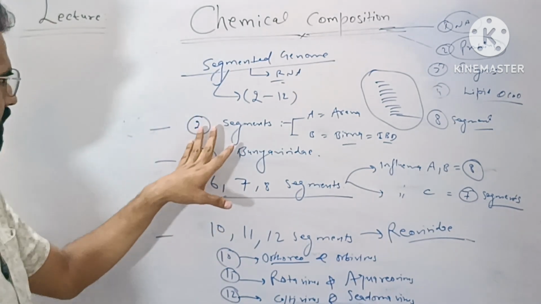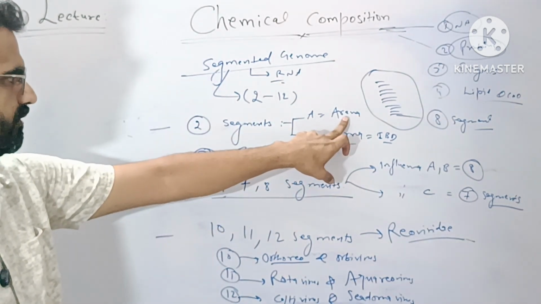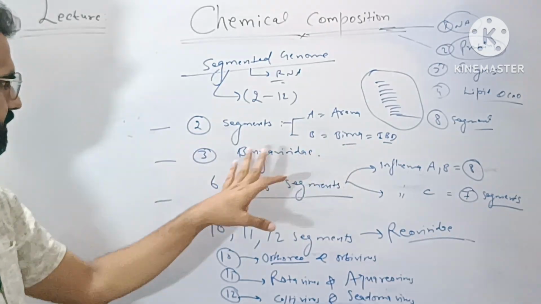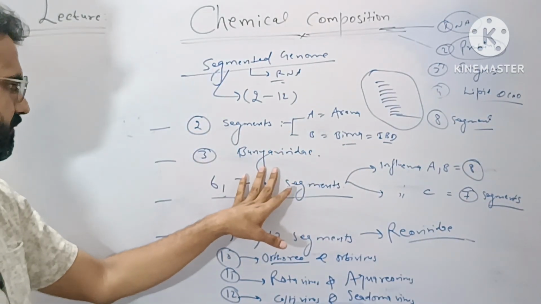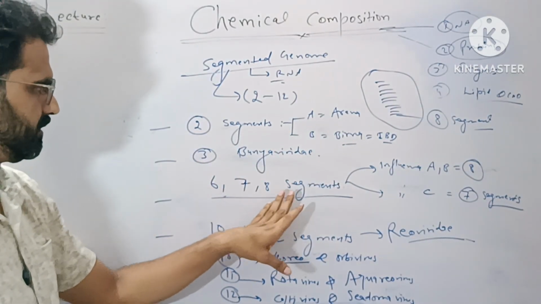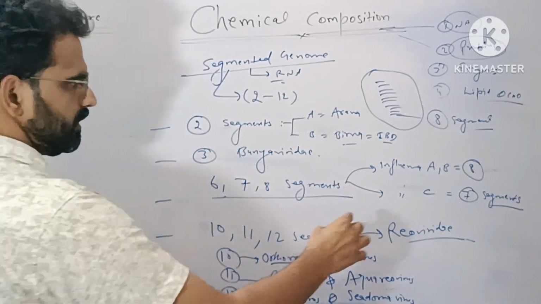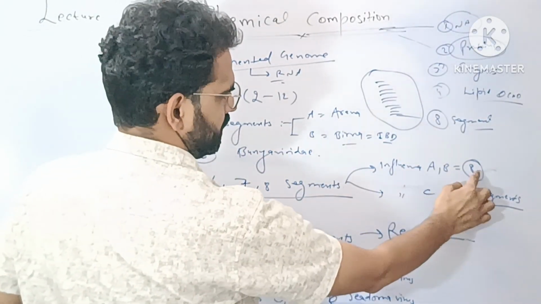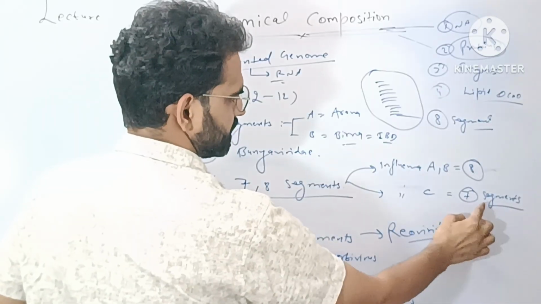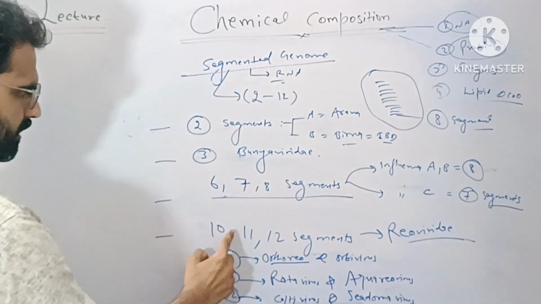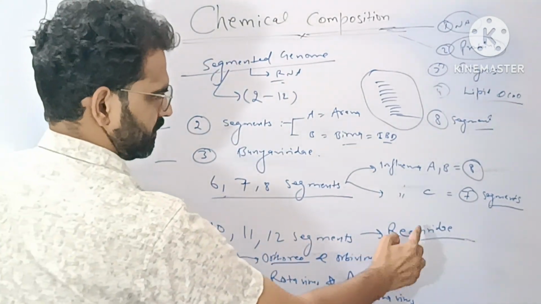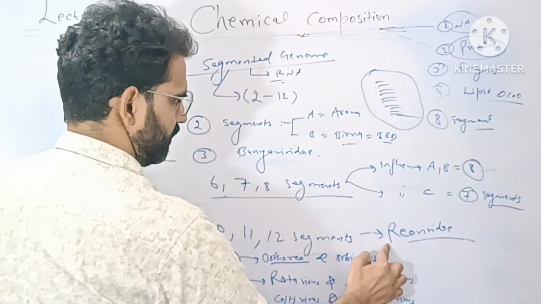Two segments are found in Arenaviridae and Birnaviridae. 3 segments in Bunyaviridae. 6, 7, 8: which family? Orthomyxoviridae. A and B influenza have 8 segments, C has 7 segments. 10, 11, 12 segments are found in which family? Reoviridae.